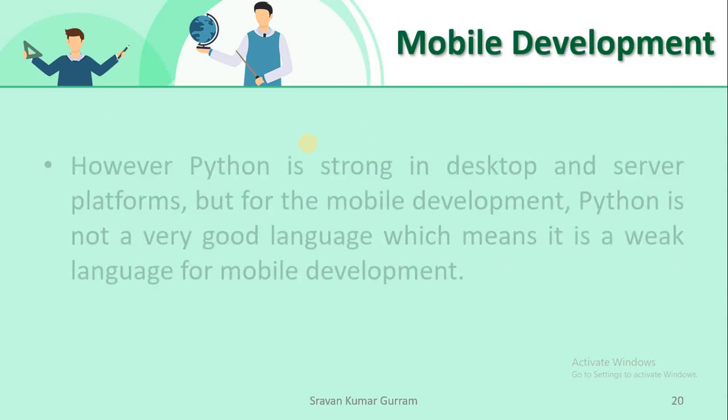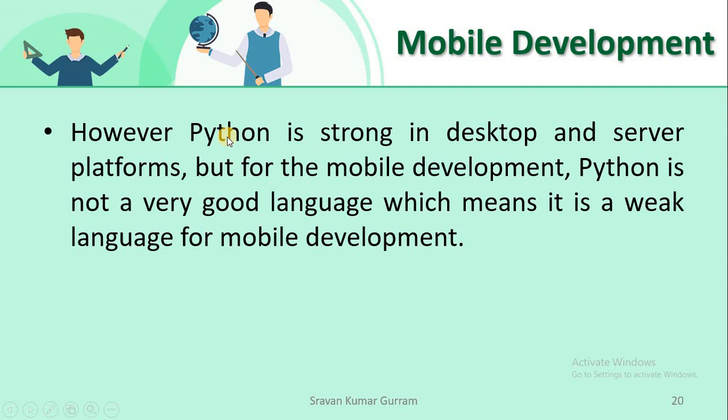Next limitation is mobile development. We can develop desktop applications, server platforms, and web applications using Python very well. If you want to develop any mobile related applications, Python is not very sufficient, because the libraries required to implement mobile related applications are not completely developed.